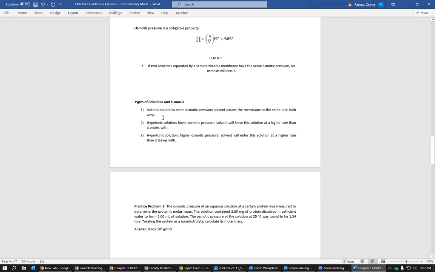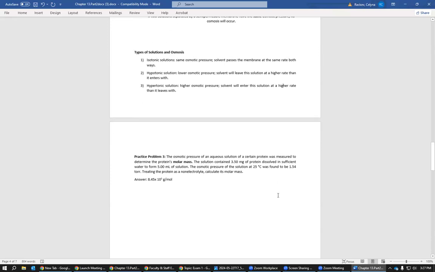If you have a hypotonic solution, the low osmotic pressure, the solvent will leave the solution at a higher rate than it enters. Hyper means higher, and hypo means lower. For a hypertonic solution, the higher osmotic pressure, the solvent will enter the solution at a higher rate than it leaves.